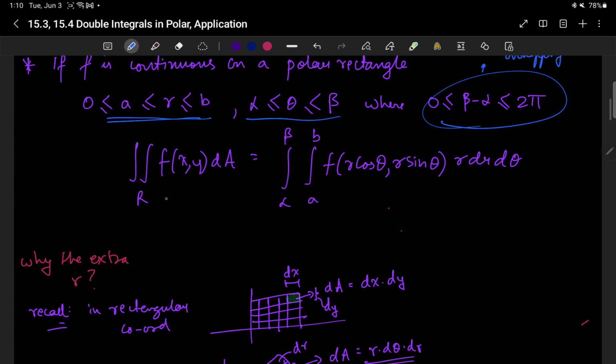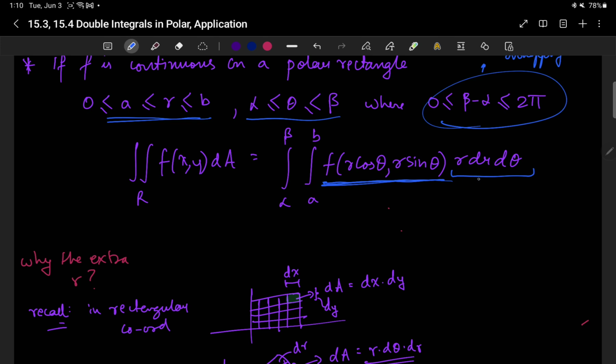Then the double integral of f of x comma y over the region R can be written as a repeated integral by rewriting f in the parametric form of r cosine theta, r sine theta, and getting an r dr d theta. So slightly different here, we will see why.